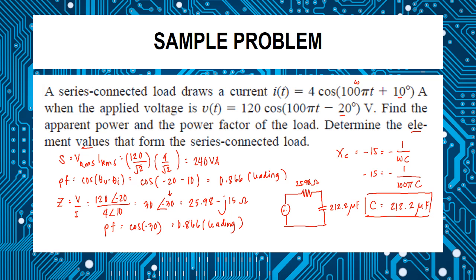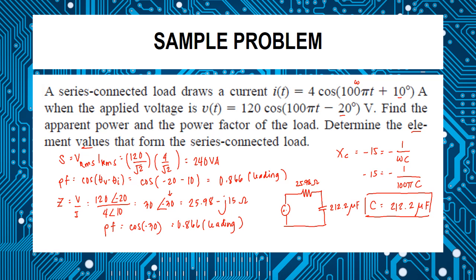that is S equal to V RMS times I RMS. So we have here voltage 120, so the V RMS of that is 120 over square root of 2 times the I RMS, which is 4 over square root of 2. This is equal to 240 VA, the unit for apparent power.